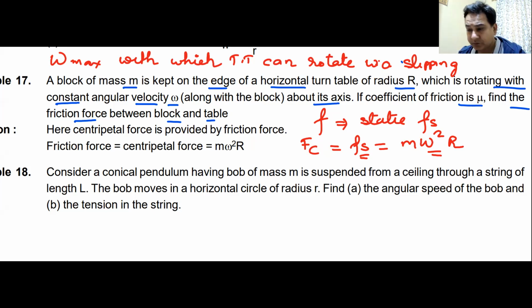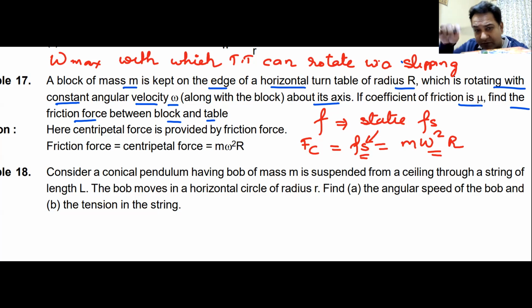Now remember, the only reason this block is turning with the turntable is because of static friction. If the turntable and the block are very rough, I can rotate it very fast.